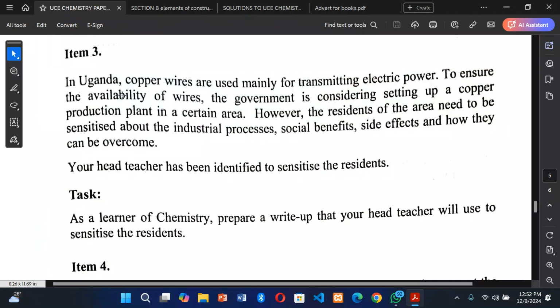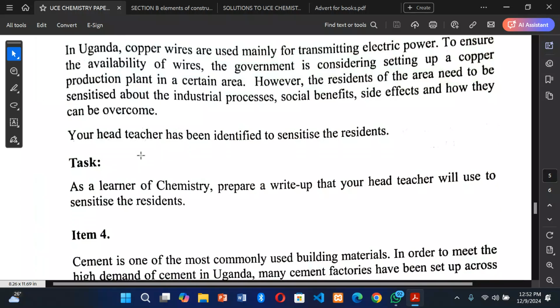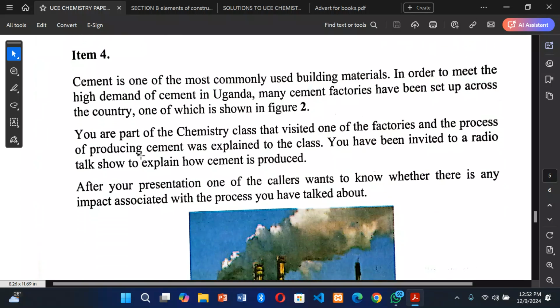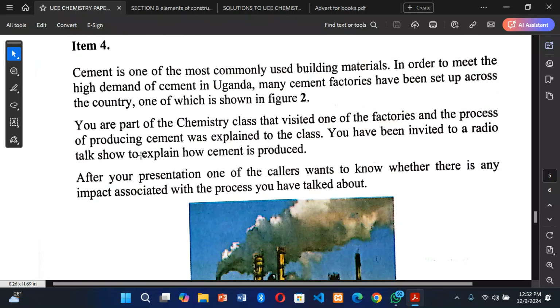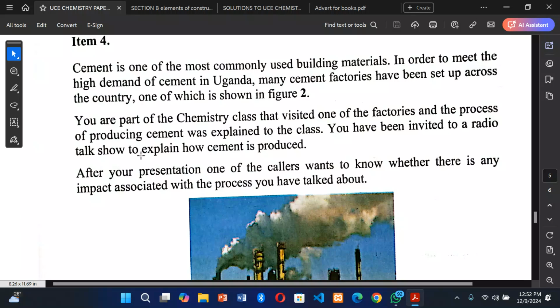Okay, that was item 3, and we can now go to item 4 faster. The scenario, item 4. Cement is one of the most commonly used building materials. In order to meet the high demand of cement in Uganda, many cement factories have been set up across the country, one of which is shown in figure 2.